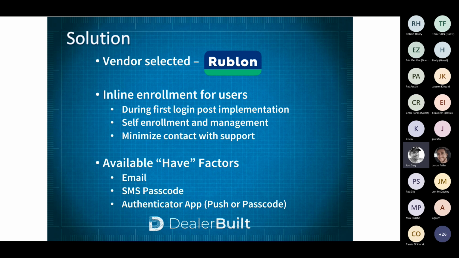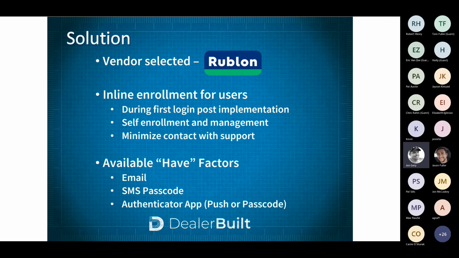Features we considered while looking for the appropriate solution were inline enrollment, which is the ability for end users to set up their own MFA during the login process and not have to go to another site or another location to do so, and the ability for users to self-manage their MFA factors without requiring interaction from a support organization.